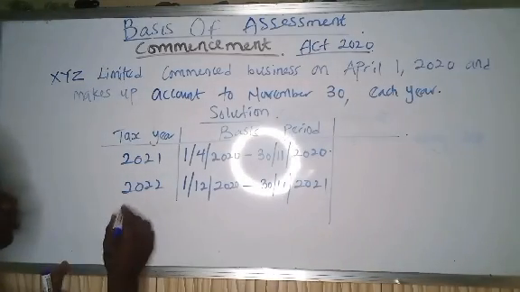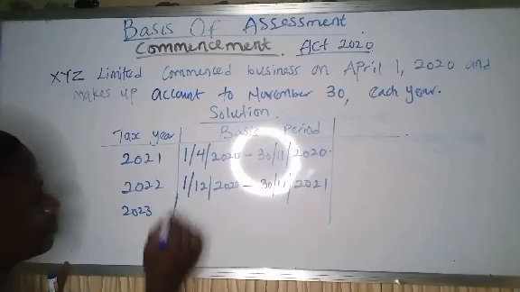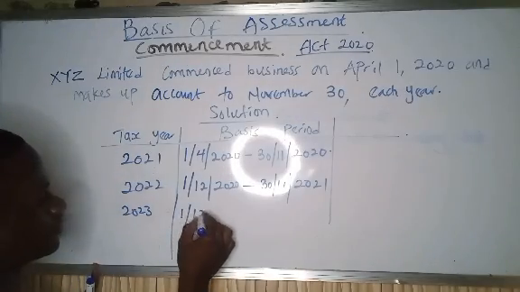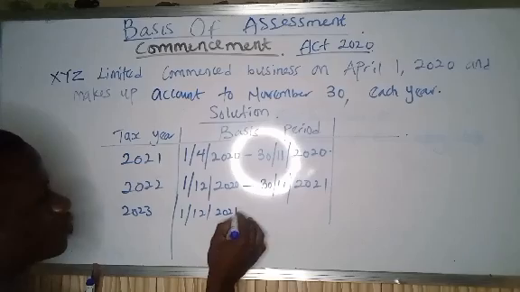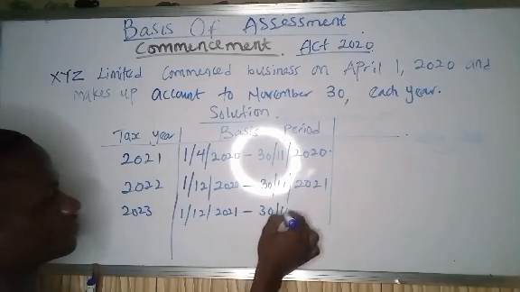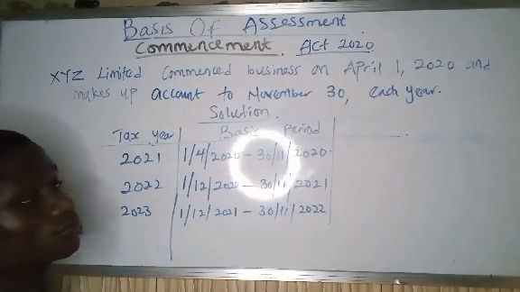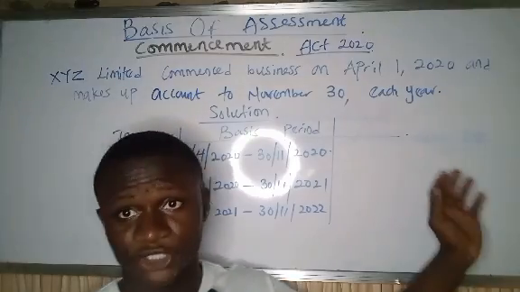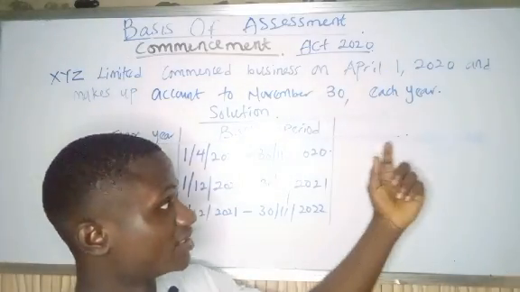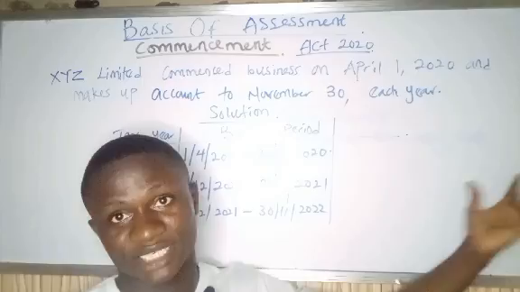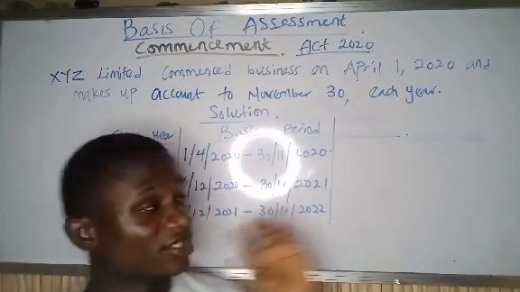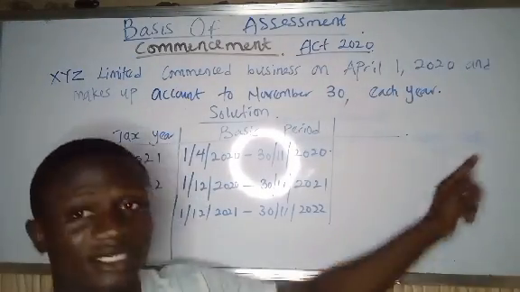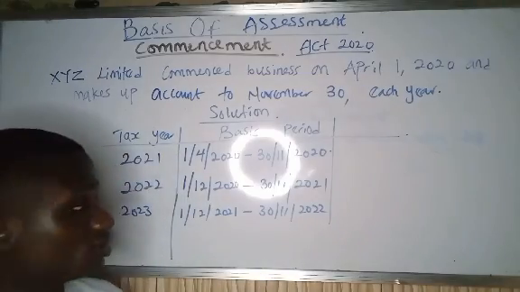So for the third year, 2023, you don't have to stress yourself much. It will start from 1st 12 2021 to 30th 11 2022, if you count it. But when you just start, you can write the months of the year somewhere outside, so that whenever you have issues, you always go back, November, December, to be able to understand it better.